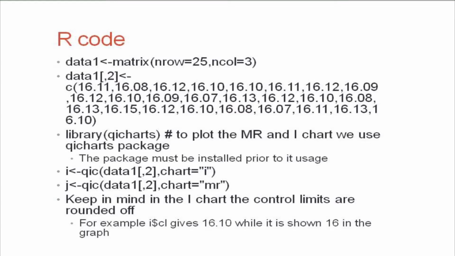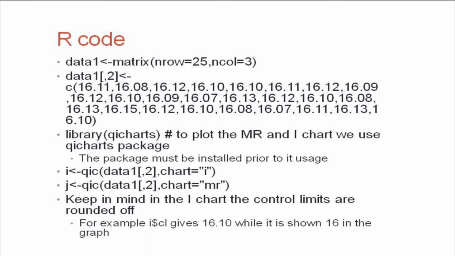The moving ranges are calculated by finding the mod of the difference. If I concentrate on the first two readings, it will be the mod of 16.11 minus 16.008, and for the last value it will be 16.13 minus 16.10. Again you find the mod of the weights.